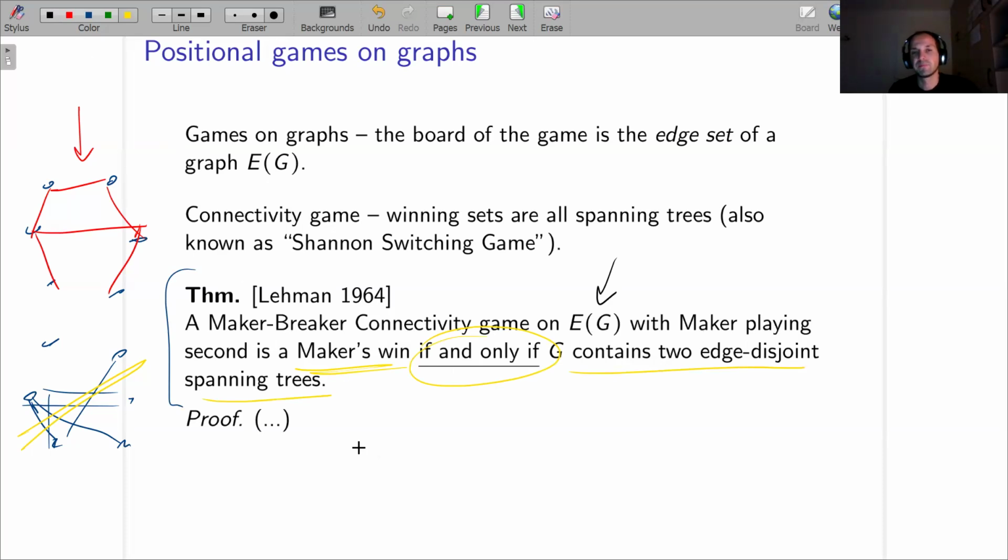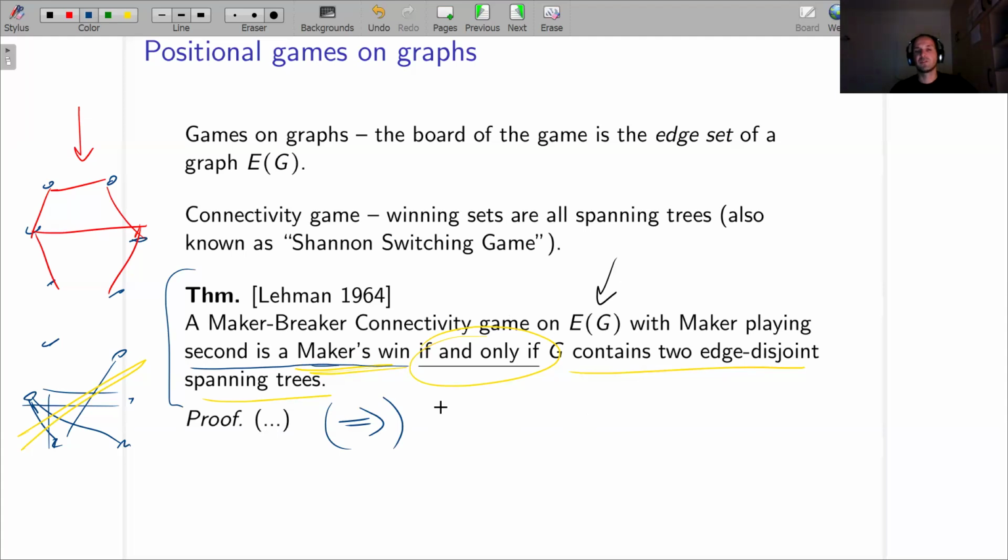First of all, the proof is not hard to see. Looking at this direction: if Maker can claim a spanning tree as second player, then also the first player can claim a spanning tree.